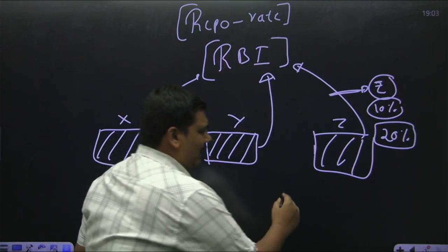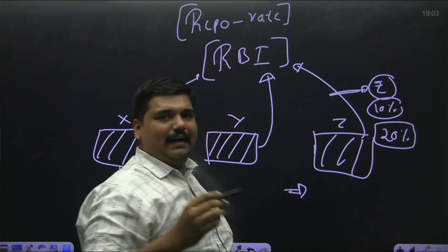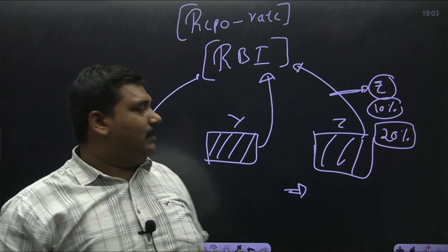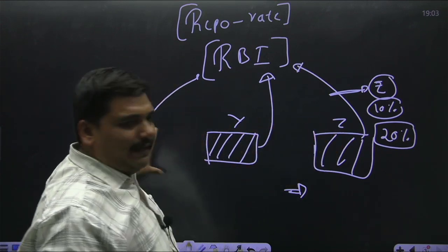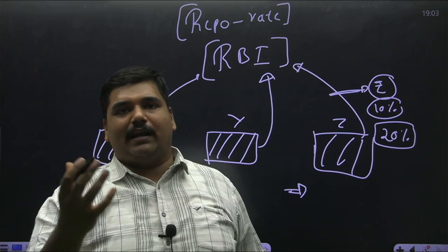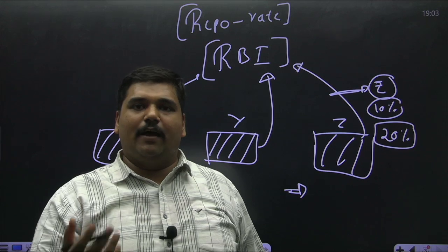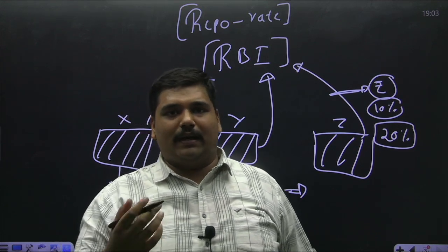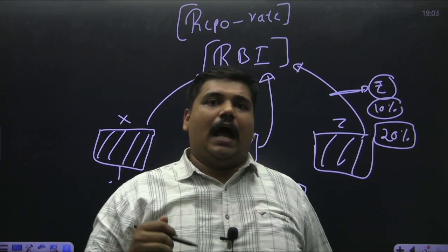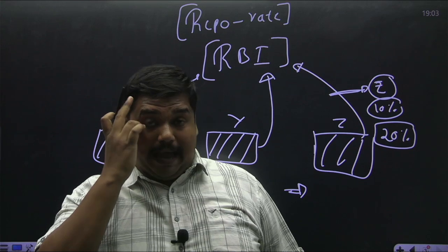Therefore, it will cause a reduction in the lending ability. Since banks will stop lending money, the amount of money going into the market will reduce and the inflation will come under control. So these are a few examples in which RBI manages inflation.